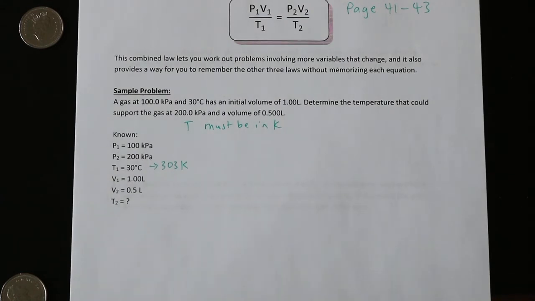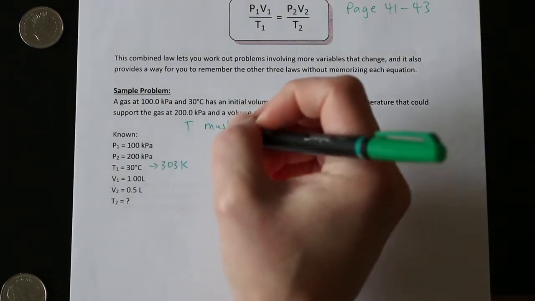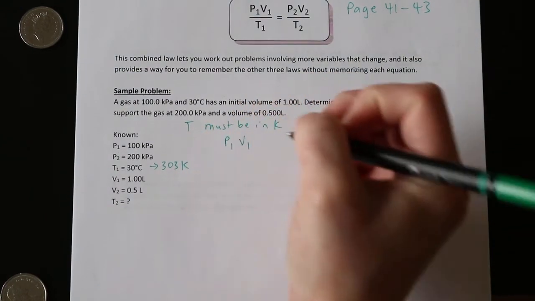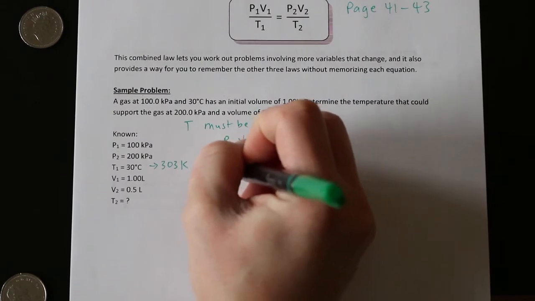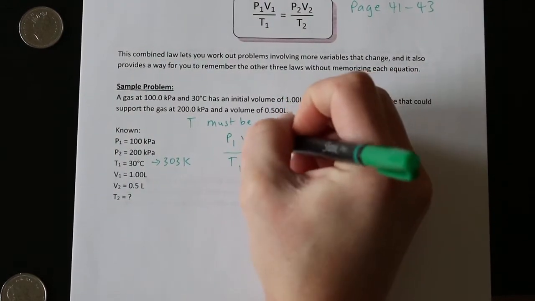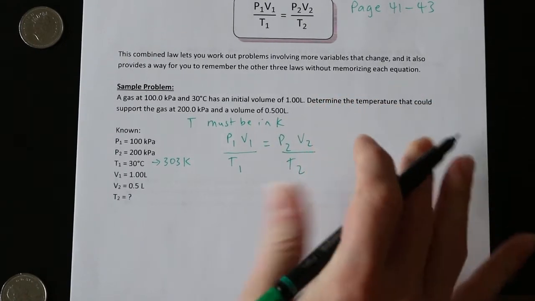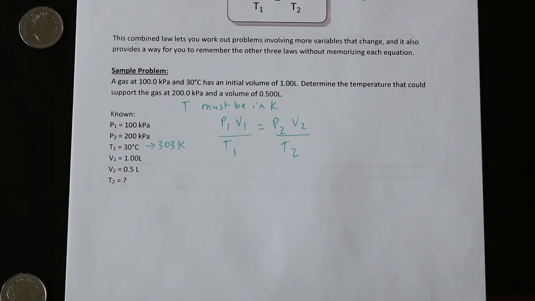So now that we have the variables straight, we can write the formula down so we remember what it is. So it's P1 V1 divided by T1 equals P2 V2 divided by T2. Okay, and then we just fill in the variables.